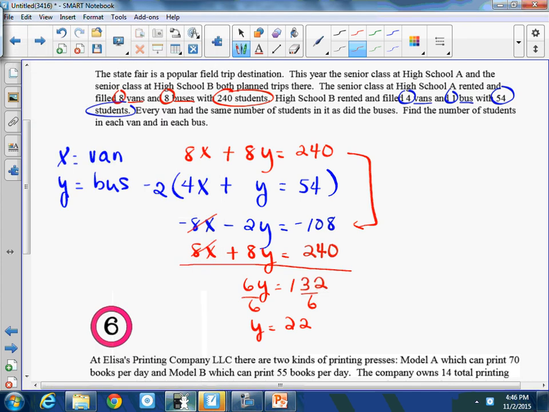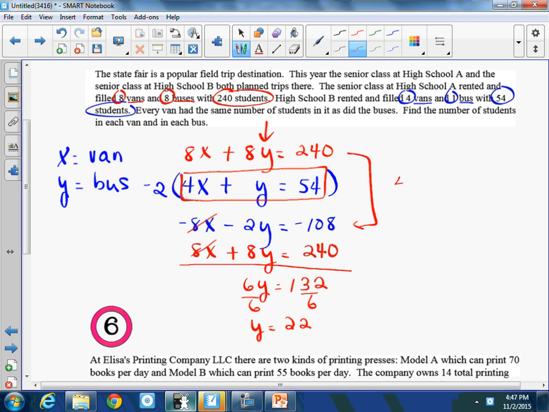Alright, so now I'm going to plug in the 22 wherever my y is. I'm going to go ahead and pick the top one. You can pick this one, but it has to be the one before you change. It cannot be after you change, okay? You can probably do the one that's easier, the one that I just boxed in red.